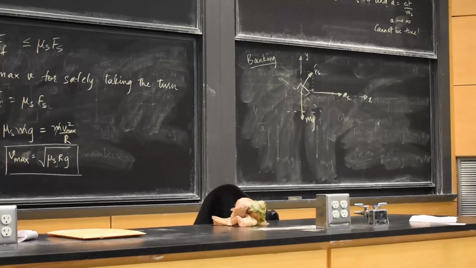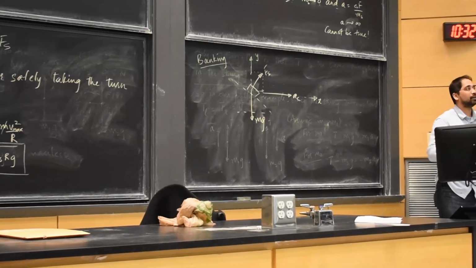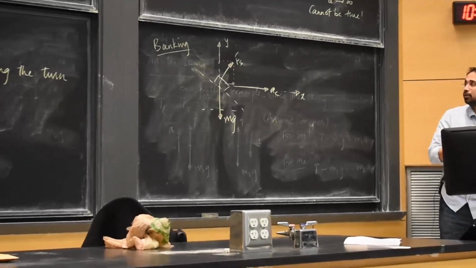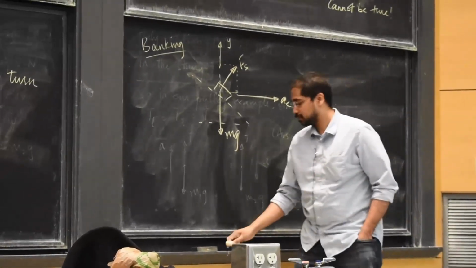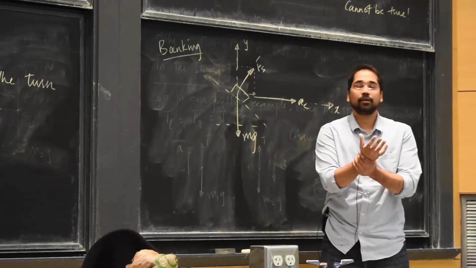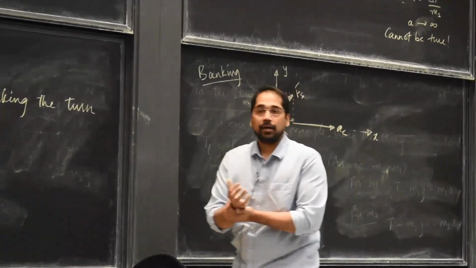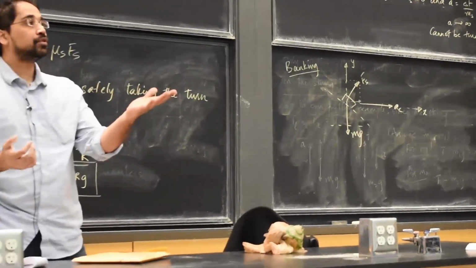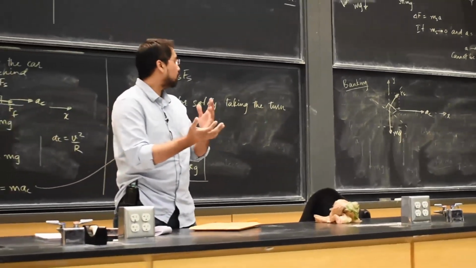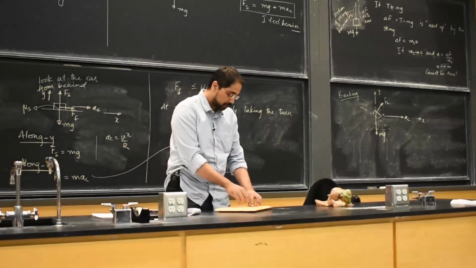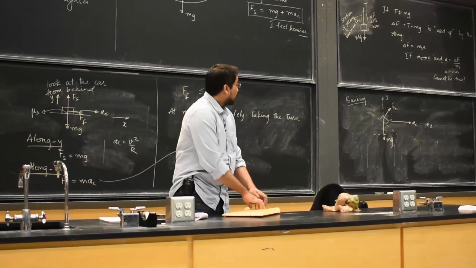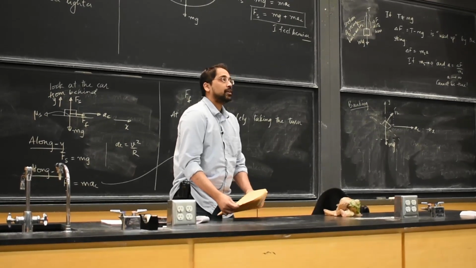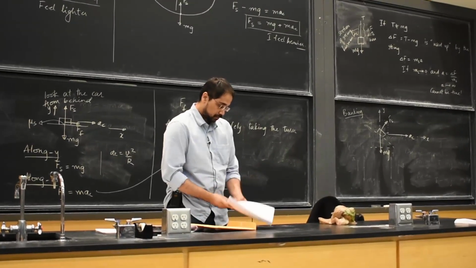That component provides the centripetal force that I need to make the turn. I don't think we have time to do the whole example today. Rance will probably pick it up on Thursday. But the idea here is that banking gives you a component of the normal force in the horizontal direction, and that is good enough in a lot of cases to keep you from going off the road. Okay.